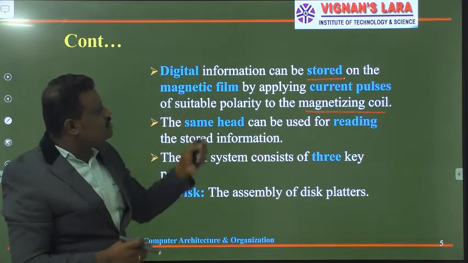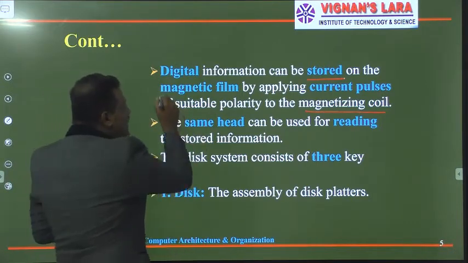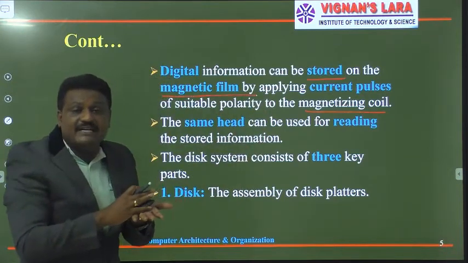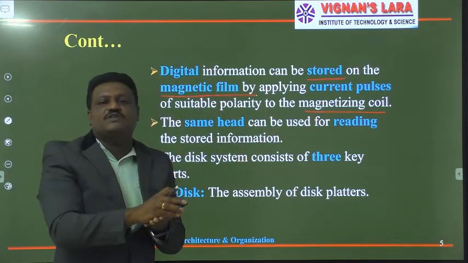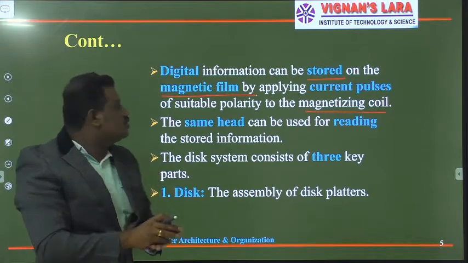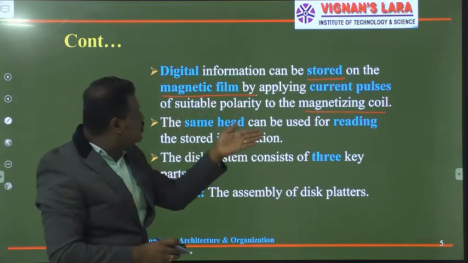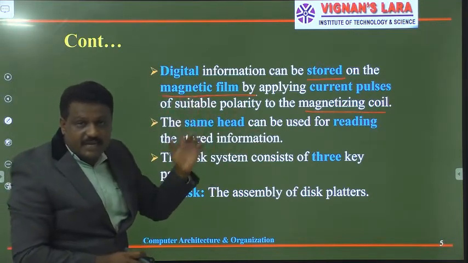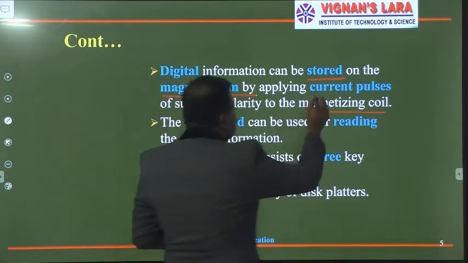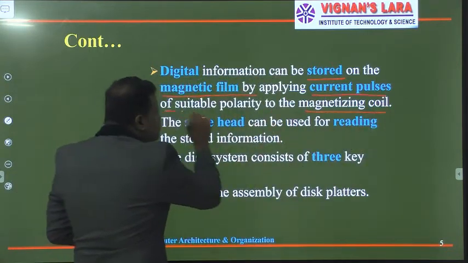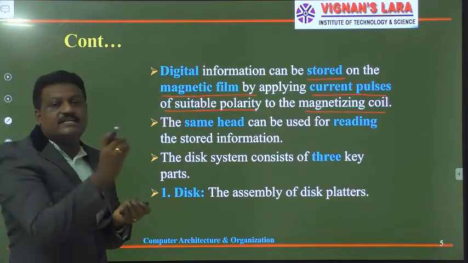The digital information can be written on the magnetic film, which exists on the surface of your disk itself. So the digital information can be stored on the magnetic film by applying current pulses of a suitable polarity to the magnetizing coil.